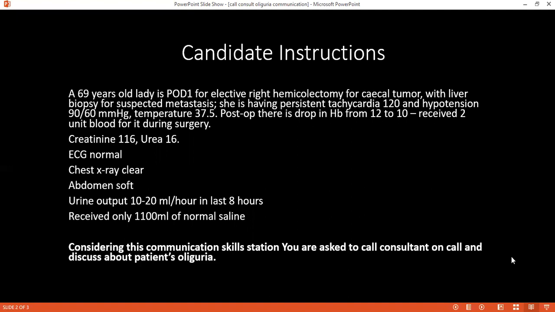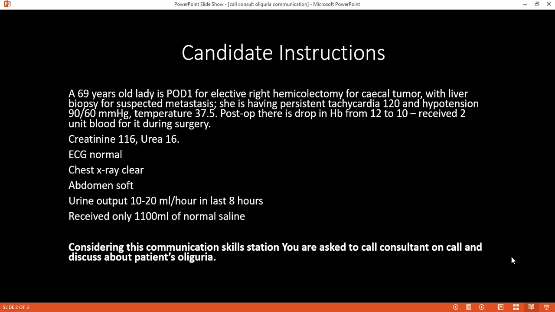She has made just 10 to 20 mils per hour in the last 8 hours. Assessing her vital signs, she is tachycardic with a pulse rate of 120 beats per minute and a blood pressure of 90/60 with a mildly elevated temperature. Looking at her labs, there's been a drop in her hemoglobin from 12 grams to 10 grams per deciliter.